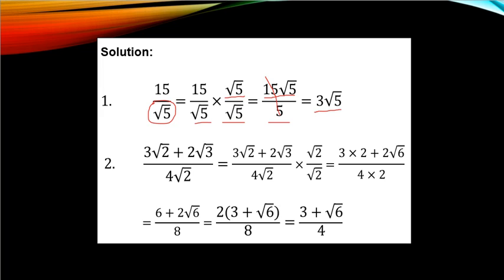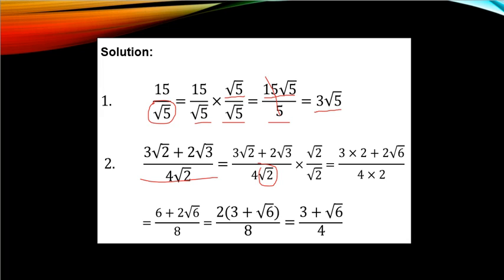For number 2, it is the same procedure. This is the problem that you have. Though the denominator is 4 root 2, the irrational number in it is root 2, which we need to remove or change to a rational number.